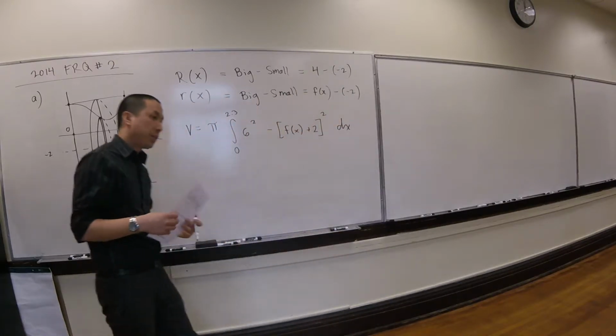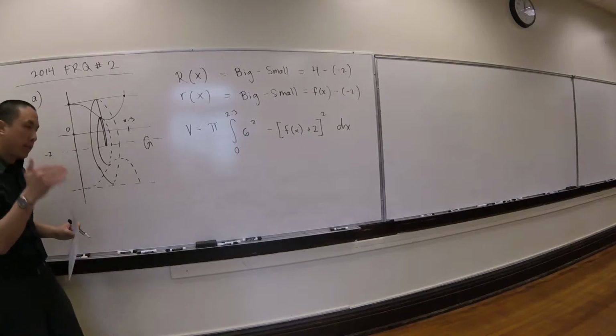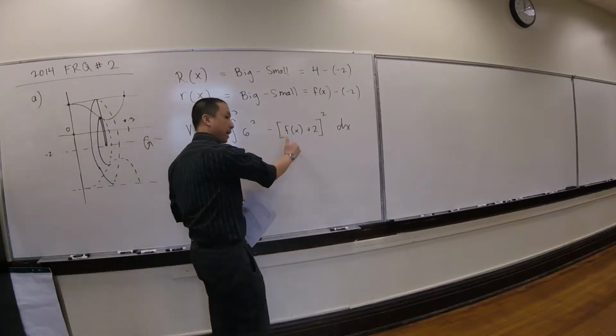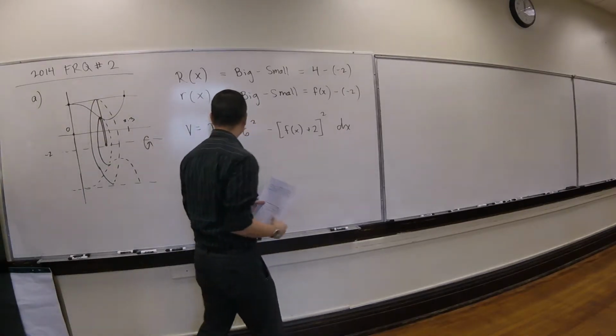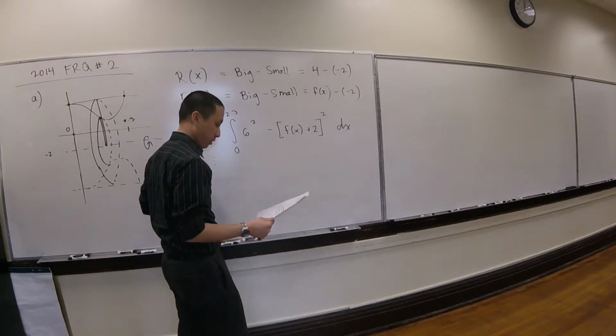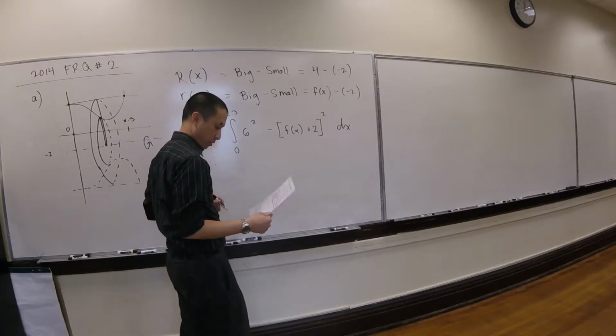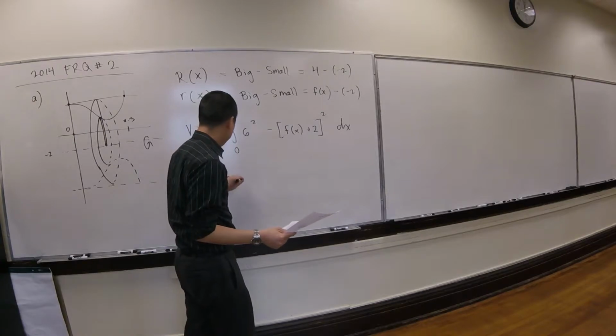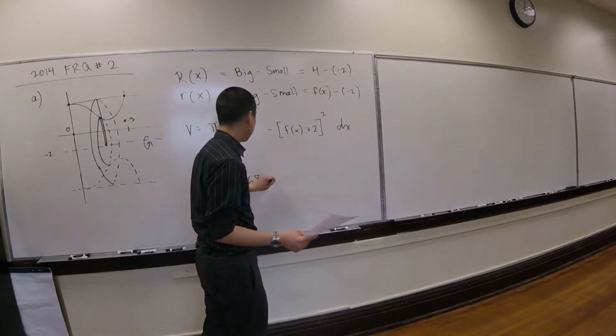Because this is a calculator active problem, don't waste your time figuring this out by hand. Type it into your calculator and you end up getting what? 98.868. 98.868 cubic units.